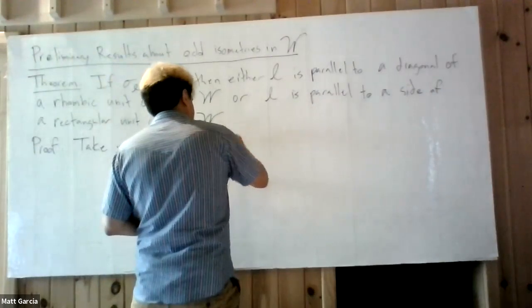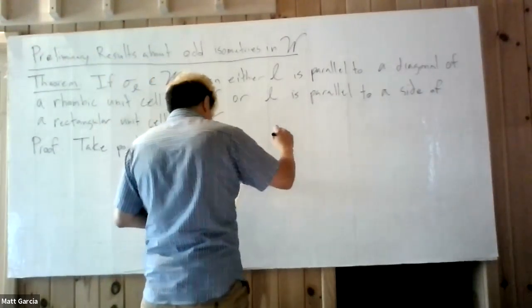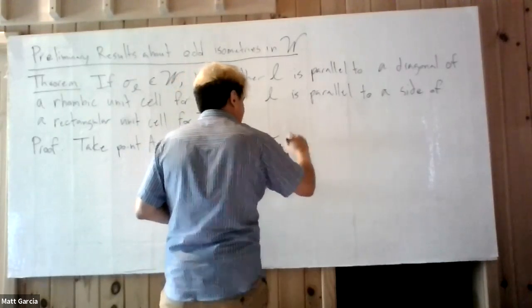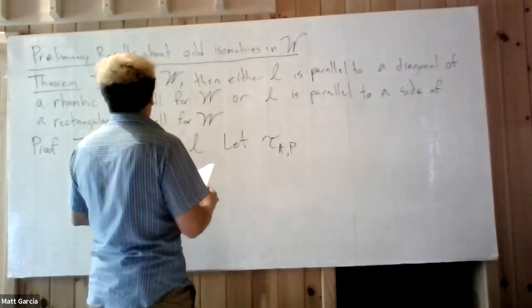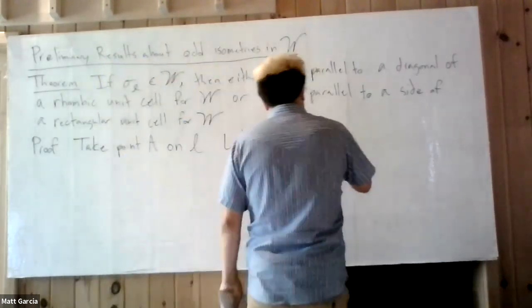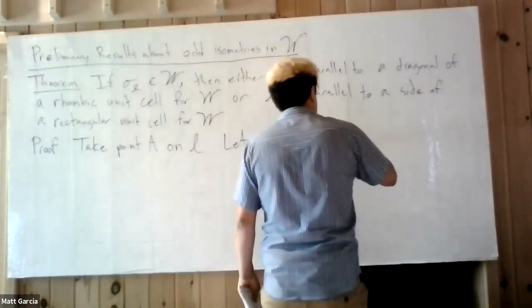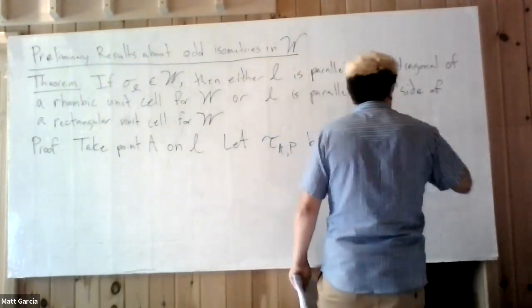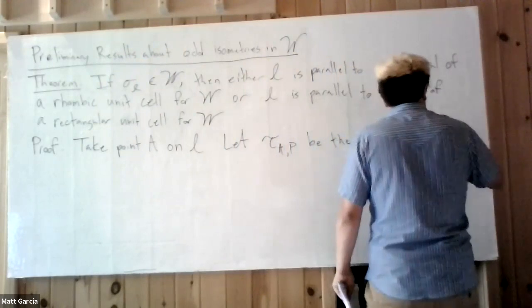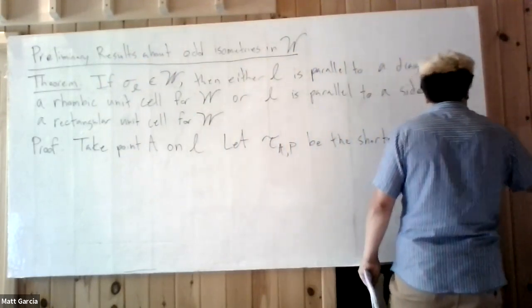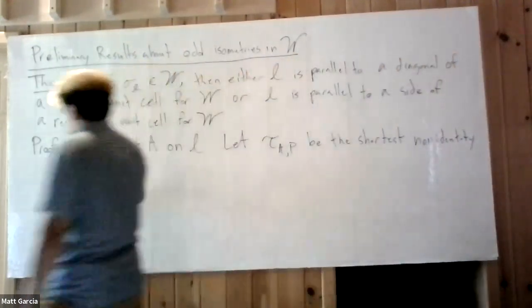And let tau, the unique translation taking A to P, be the shortest non-identity translation.